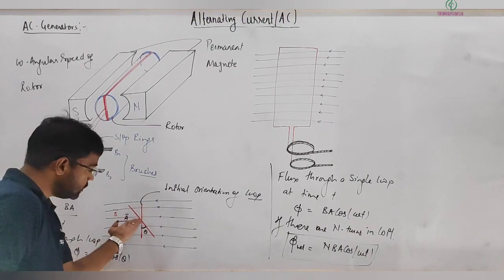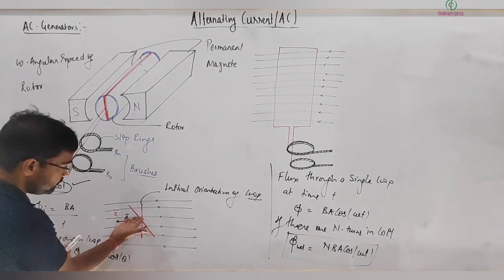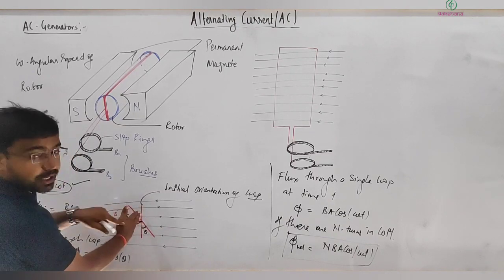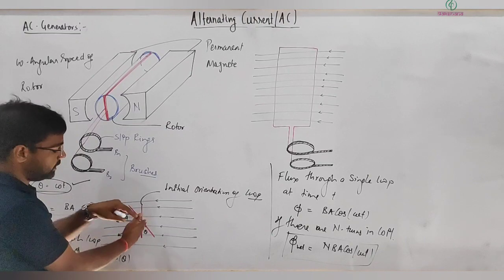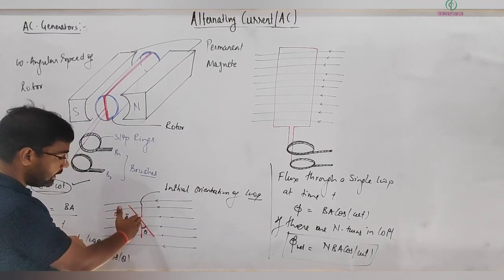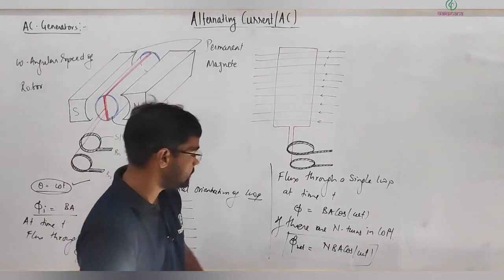So from this to this, the flux changes from maximum to 0, and after some time it comes this way and the flux again changes to maximum, but with a minus sign: in one case it's plus, in the other it's minus, then again it changes to 0. So you can see the flux is continuously changing.